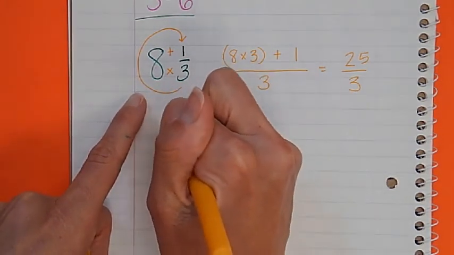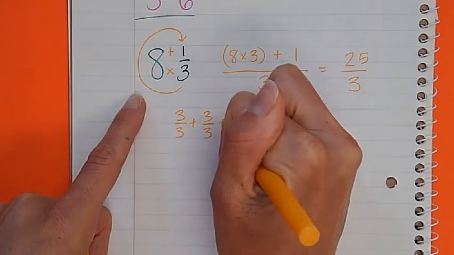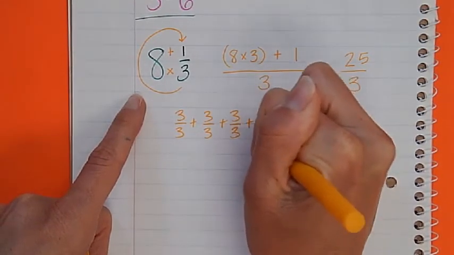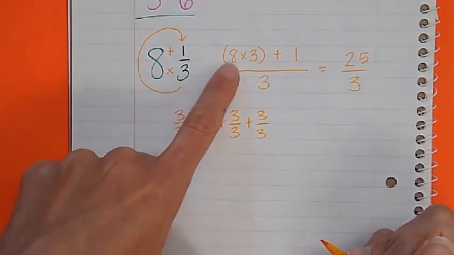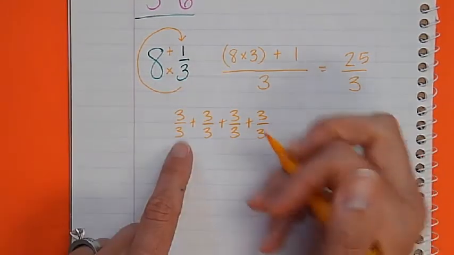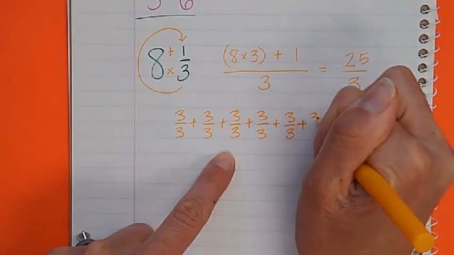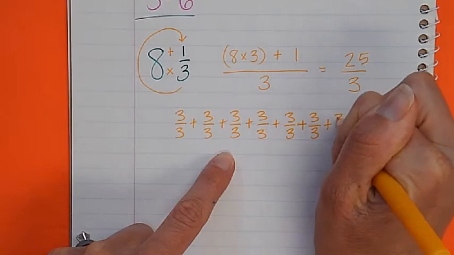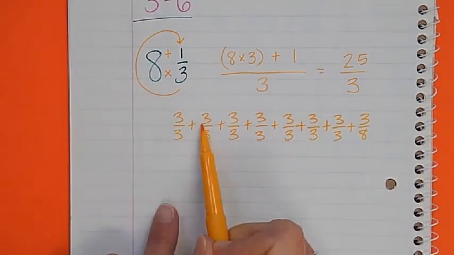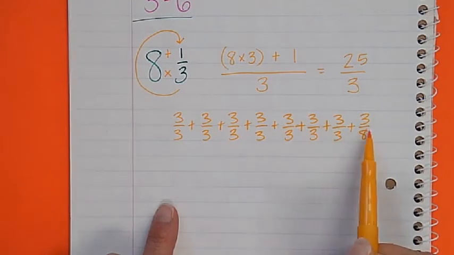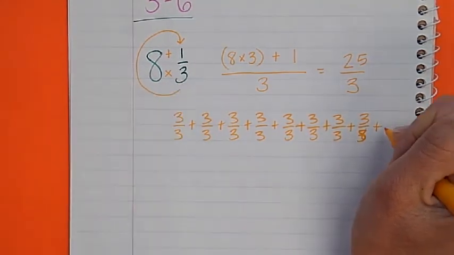So we did 3/3 8 times. So you can see the language is a little bit the same, right? 8 thirds 3 times. 8 times 3. We're doing that same thing here. So there's 1, 2, 3, 4, 5, 6, 7, 8. 8 thirds plus the 1 extra.